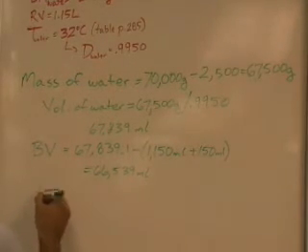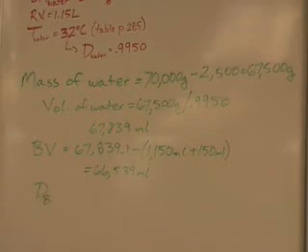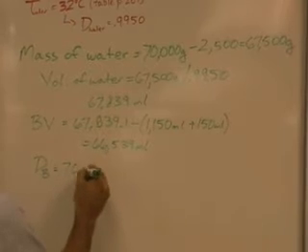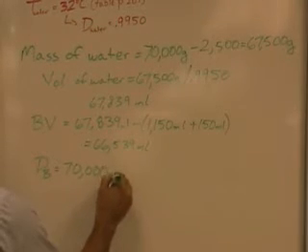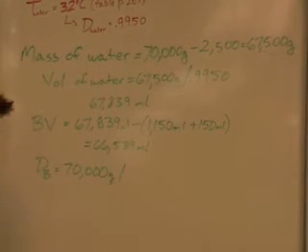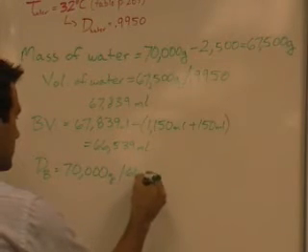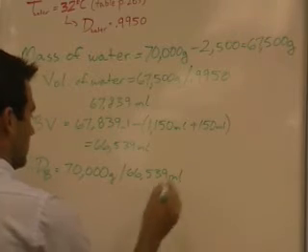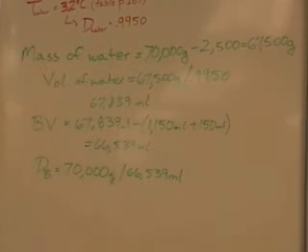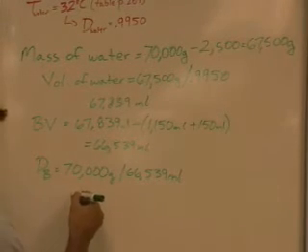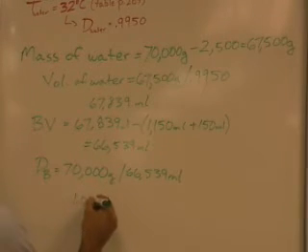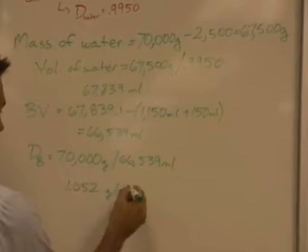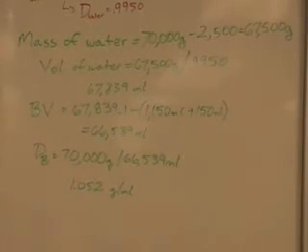Now that we know body volume, we can get body density. So we'll take body mass in air divided by body volume. For body density, we have 1.052 grams per milliliter.